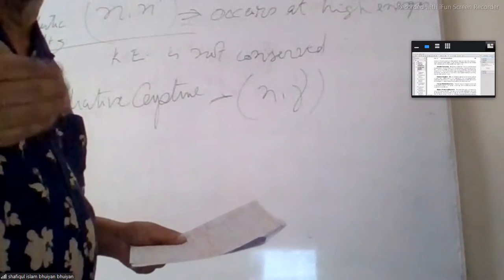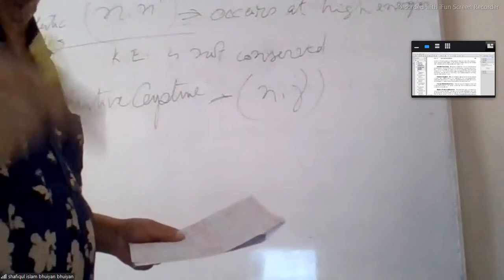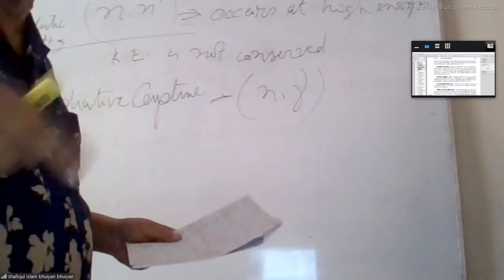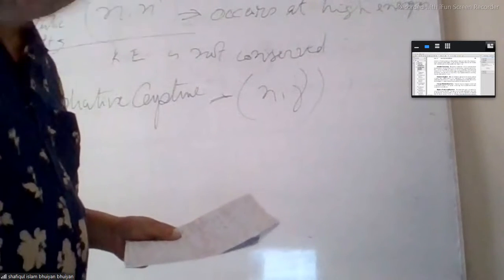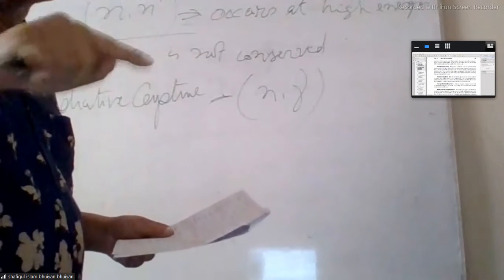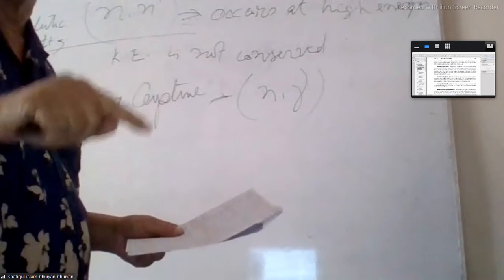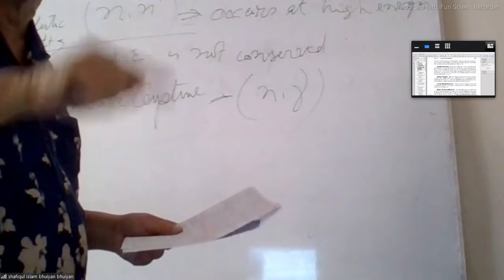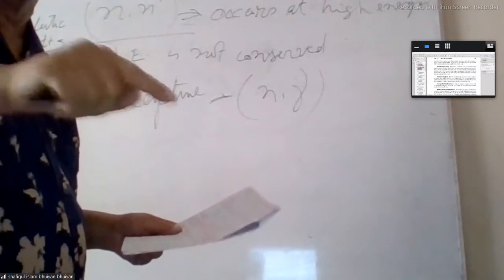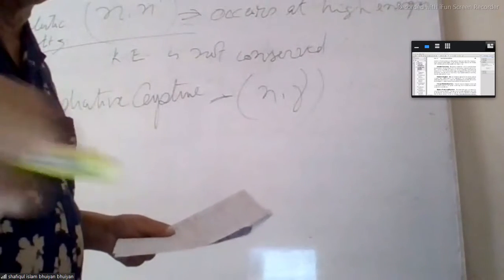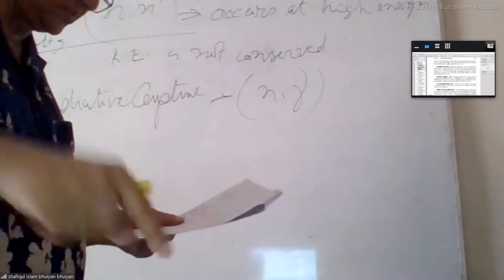The neutron is captured by the nucleus, and one or more gamma radiations are emitted. It can be one gamma radiation or more. The energy of the gamma radiations can be different for the different energy states; for different energy states, we will get different gamma radiation. I'll show you the picture. There are lots of pictures in this book also.